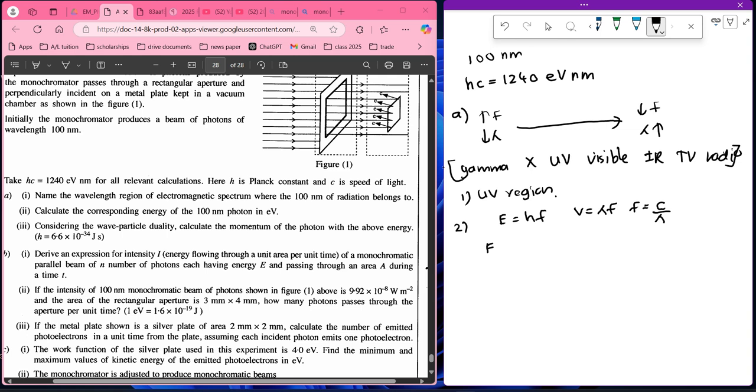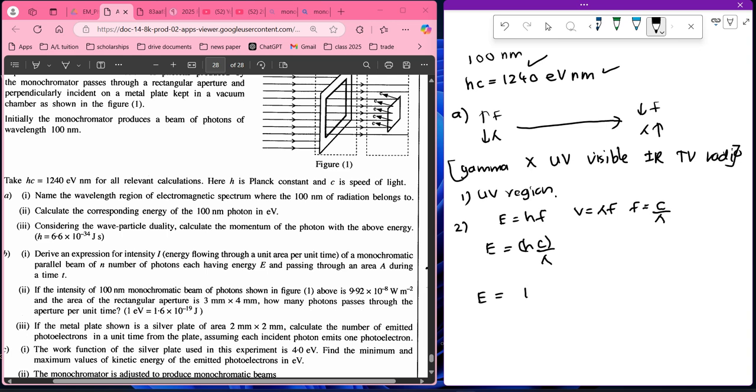So here I'll take E equals HC divided by lambda. Afterwards, lambda is 100 nanometers as given. So we'll substitute the HC product, which is also available. So we have both the HC product and the lambda.